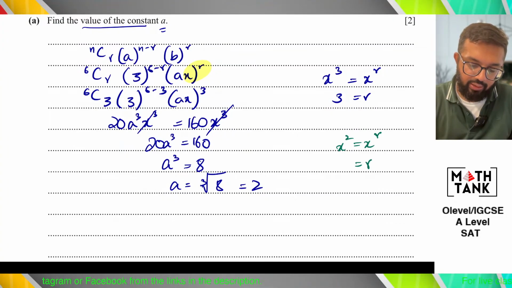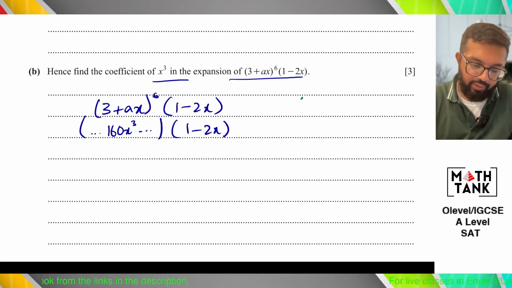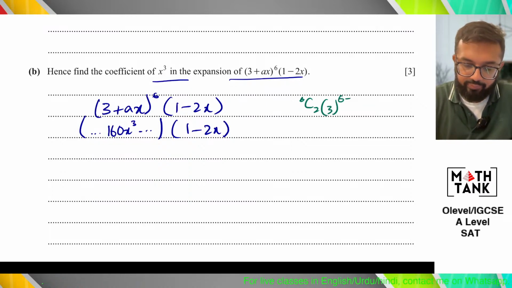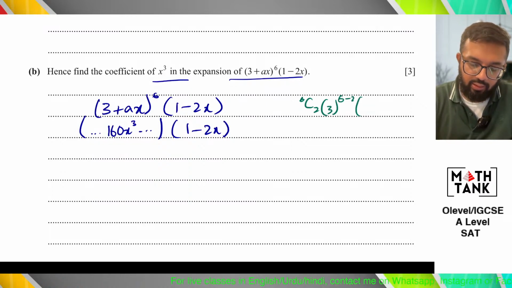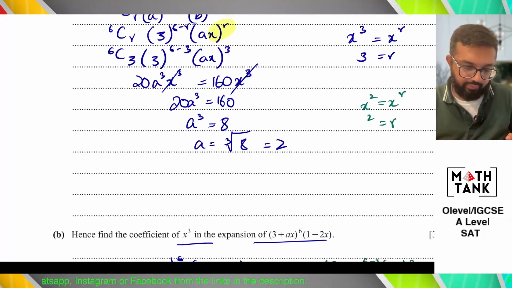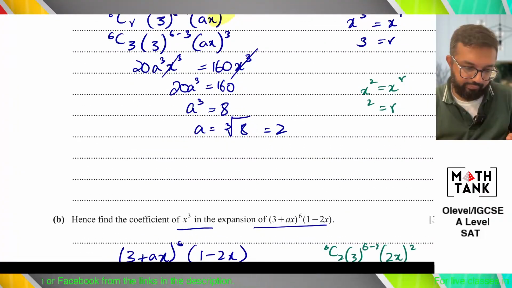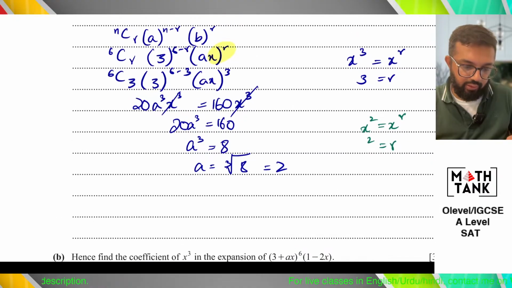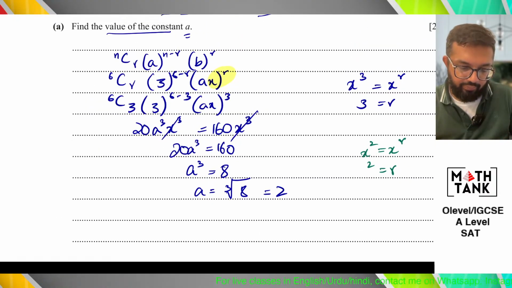I'm going to say r equals 2. I'm going to do that working here. 6C2 3 power 6 minus 2 and a is 2, so 2x squared. 6C2 is 15 and I think I messed up the calculation.